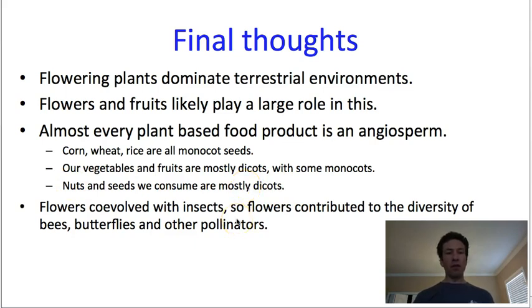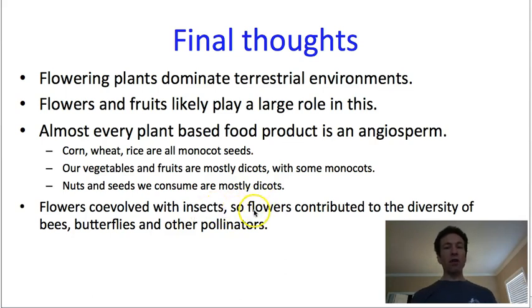Finally, we've been really focusing on plants because this is a botany course, but we should also think about the fact that when flowers evolved, insects were evolving with them. We have many, many species of insects, and part of the reason for that is that there were many different kinds of flowers that could be pollinated, and the many different kinds of angiosperms provided many different food products that different kinds of insects could eat.